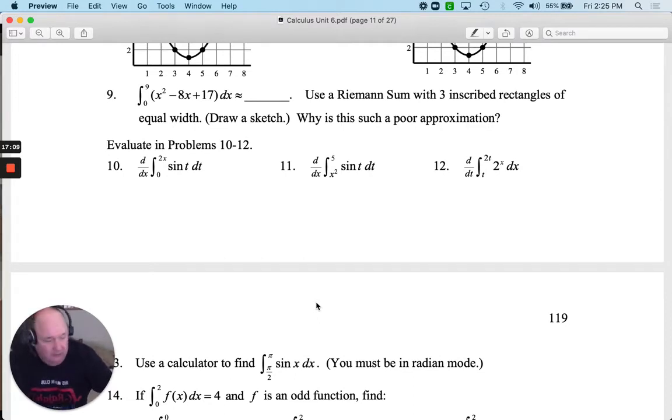So we're integrating from 0 to 9, x squared subtract 8x plus 17, and use a Riemann sum with 3 inscribed rectangles of equal width. And why is this such a poor approximation to do that?